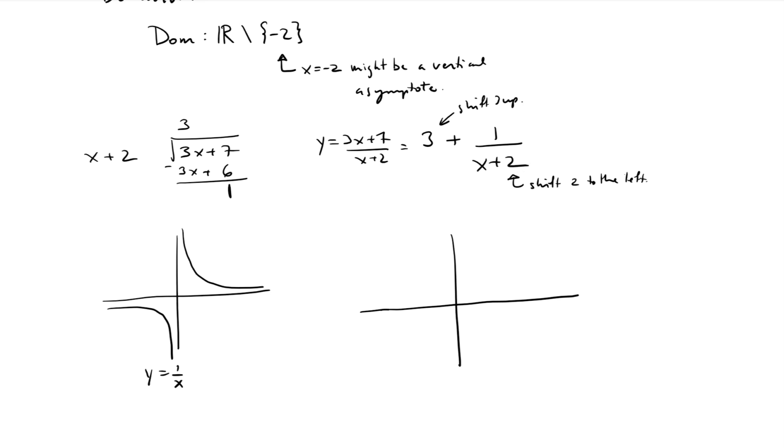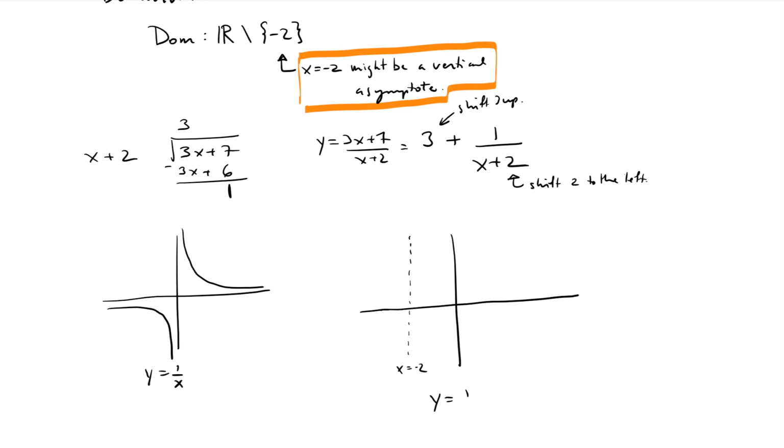So I'm going to shift 2 to the left, which means that the vertical asymptote, which used to be at 0, is now at -2. So you see here that I had a guess that maybe x equals -2 would be a vertical asymptote, and now I've got confirmation that it's going to be an asymptote. So this would be 1 over x plus 2.